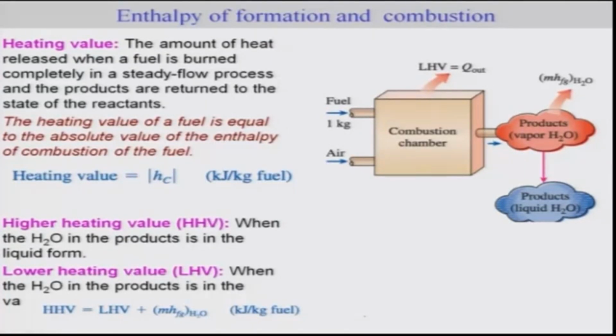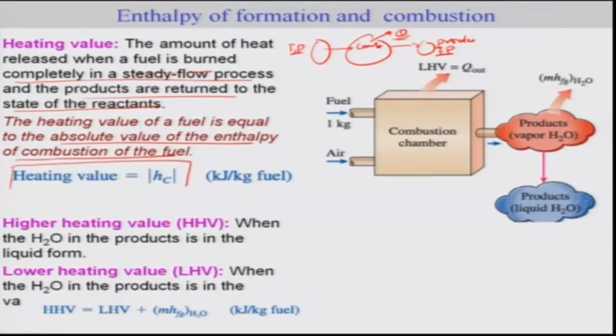Heating value is the amount of heat released when a fuel is burned completely in a steady flow process and the products are returned to the state of the reactants. So the reactants are at T and P, a combustion occurs, which releases certain heat, and the products are brought to the same state, T and P. Whatever the corresponding heat released is basically your heating value. So the heating value of a fuel is equal to the absolute value of the enthalpy of combustion of the fuel.